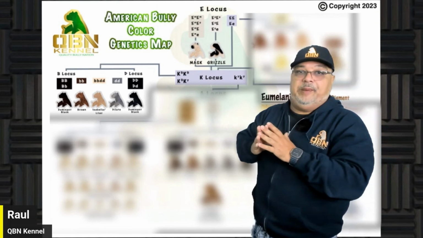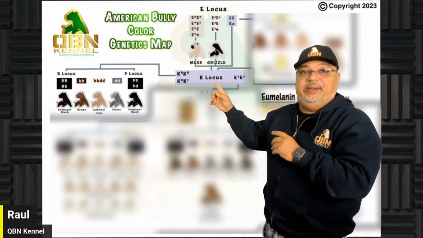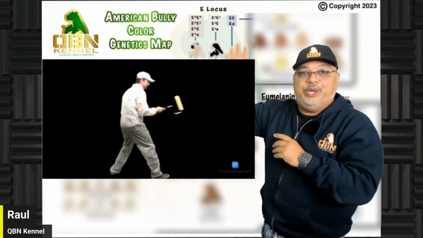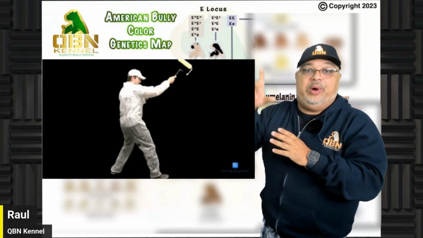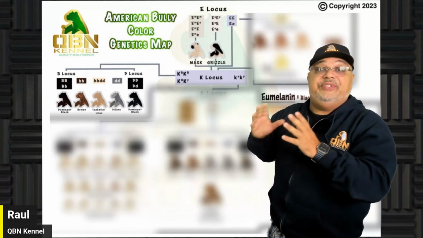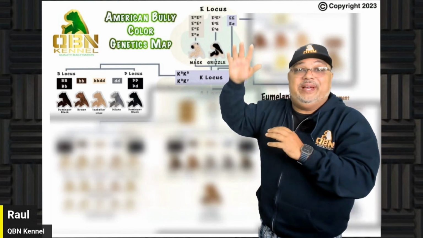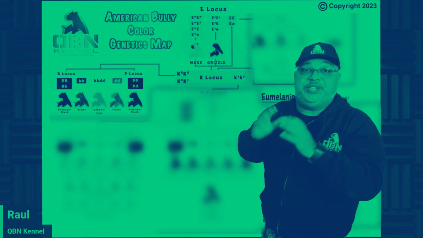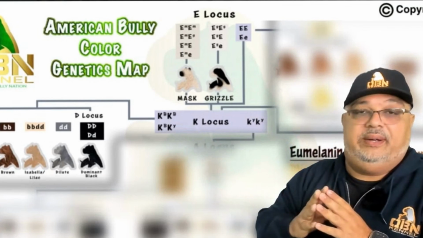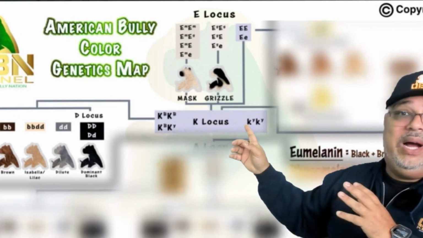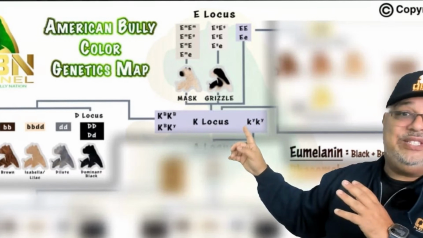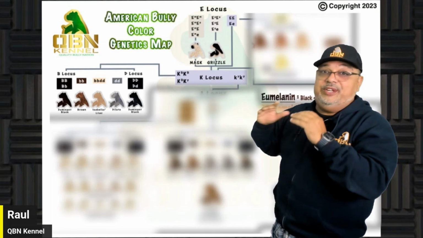For all intents and purposes, I always look at the K locus as the last coat of paint that's going to go on the hair follicle itself. If you have any combination with KB, there's going to be a last coat of paint that's going to be dark on the hair. If you have KY on the other hand, the last coat of paint is going to be transparent.